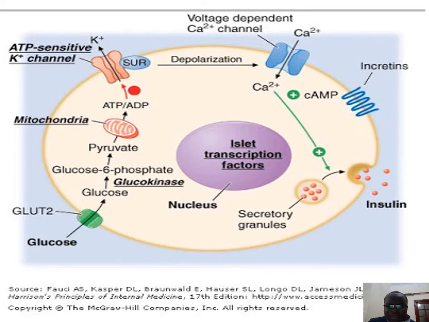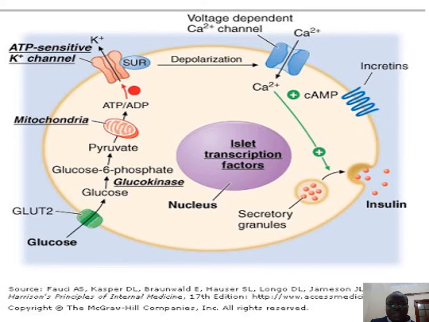So the first thing, you need glucose to enter the beta cells, it will be worked on by glucokinase to convert it to glucose 6-phosphate. It will undergo glycolysis for the production of pyruvate. This process will produce ATP, and this pyruvate can enter the mitochondria in the electron transport chain to produce more ATP.